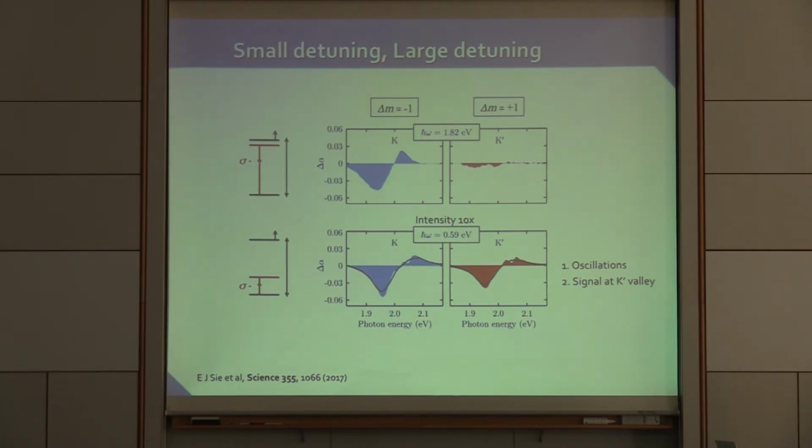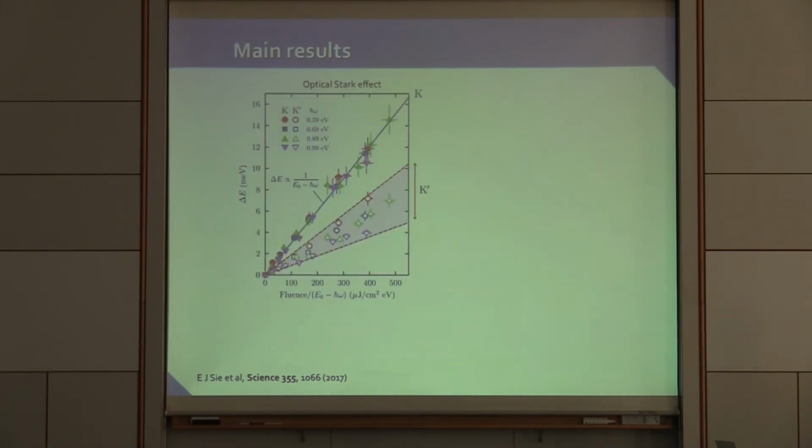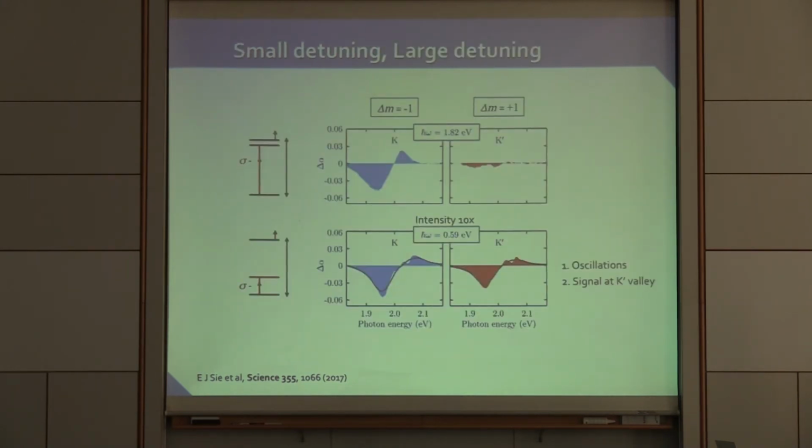And in here also. And second, as I said again, we see a signal at the K prime value. From the valley selection rule, we shouldn't be able to see this. So that means that there is something weird. I'm not going to touch on the oscillations unless you ask later on, but I will touch on the second point. Okay? So we want to understand this further.